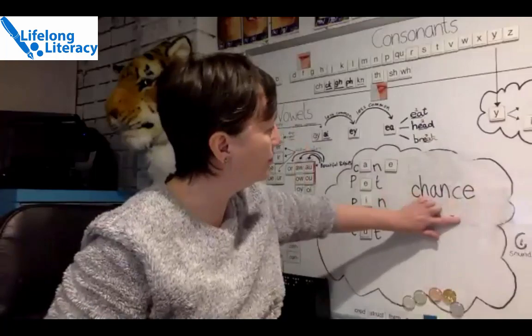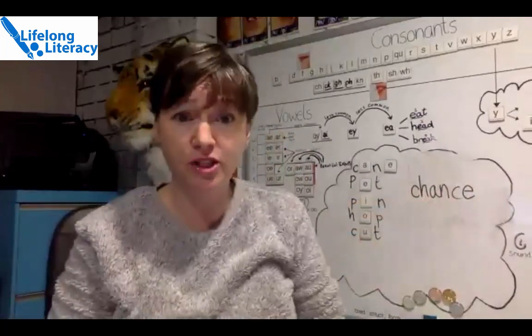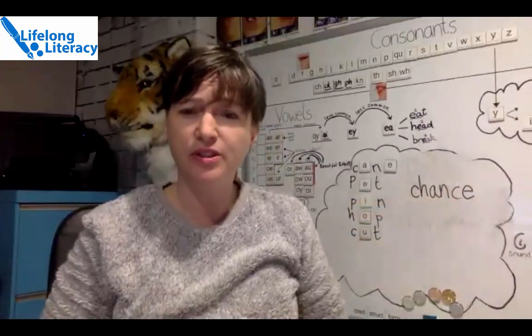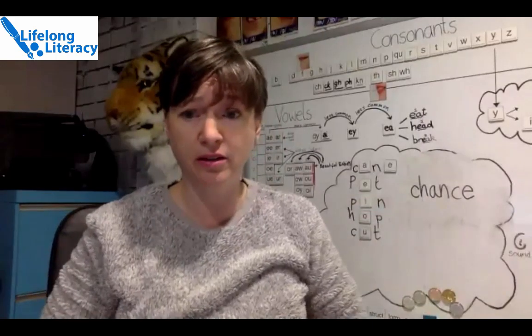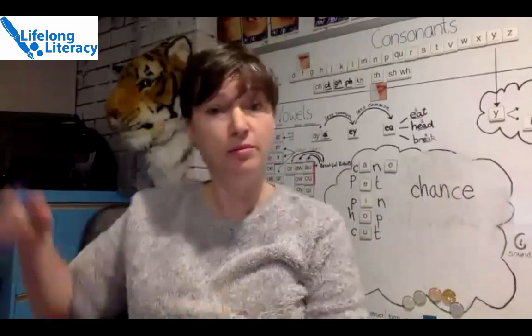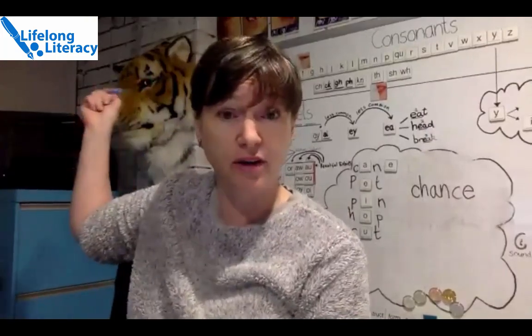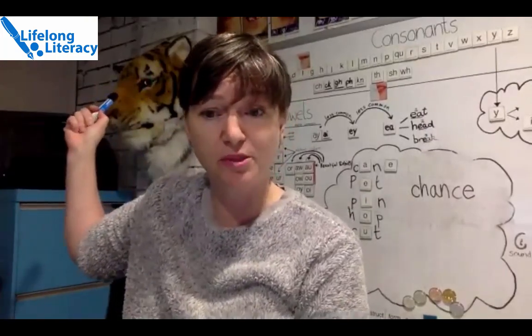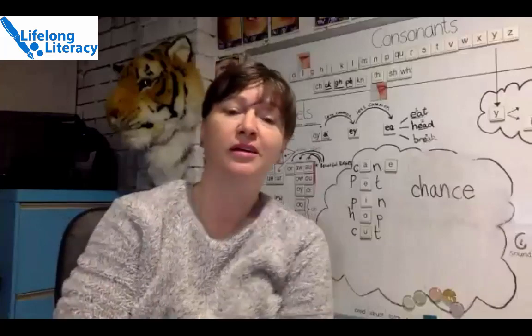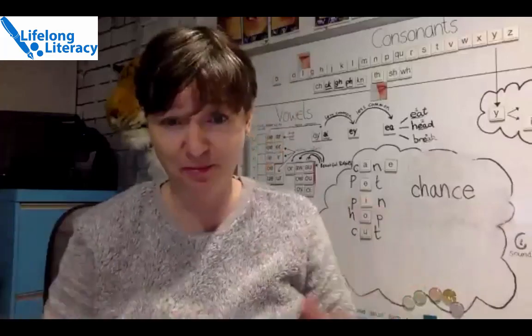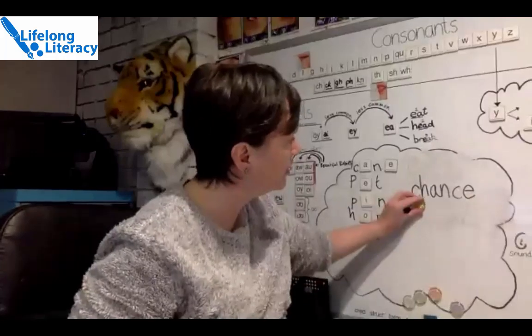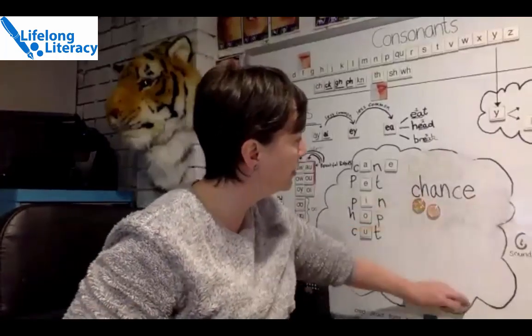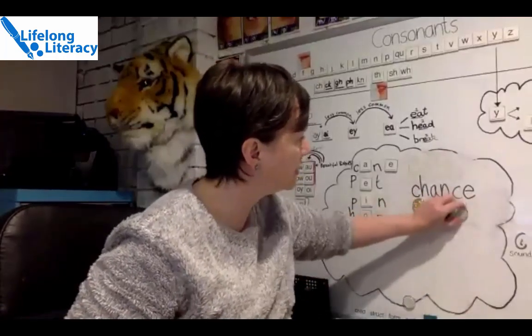What we have here is the word chance, as in there is no chance that I'm going to call the white tiger Sergeant Stripes, because the regular tiger is called Sergeant Stripes. So there's no chance that I'm going to do that. Chance. So we've got sounds ch, a, n, s.